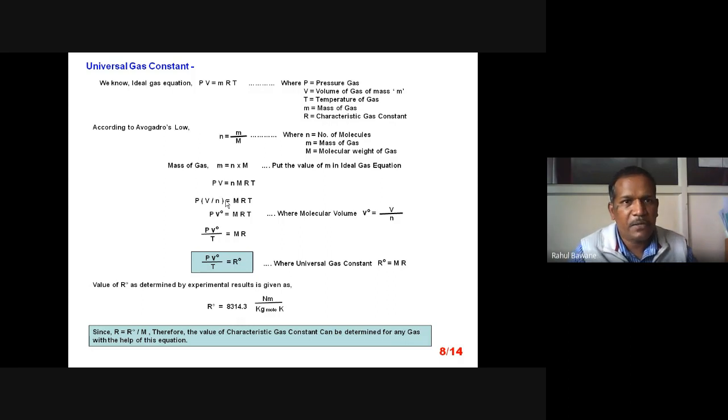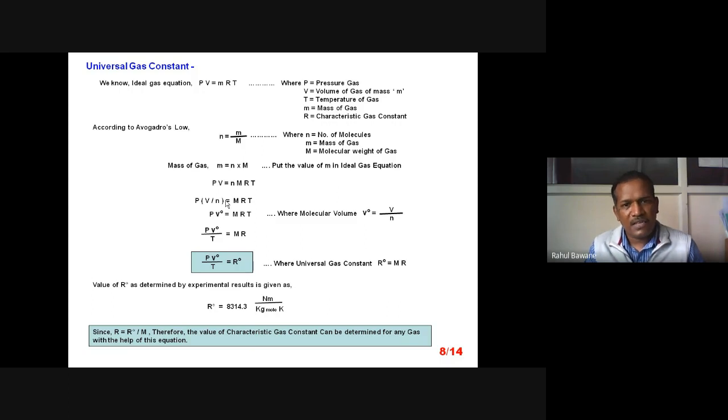Now what is the requirement of the universal gas constant? There are a number of gases, and each has its own characteristic gas constant value, that is capital R value. It is very, very difficult to remember all the values. For air, we know that 287 is a standard value. But for each and every gas, it is not possible to remember its characteristic gas constant.